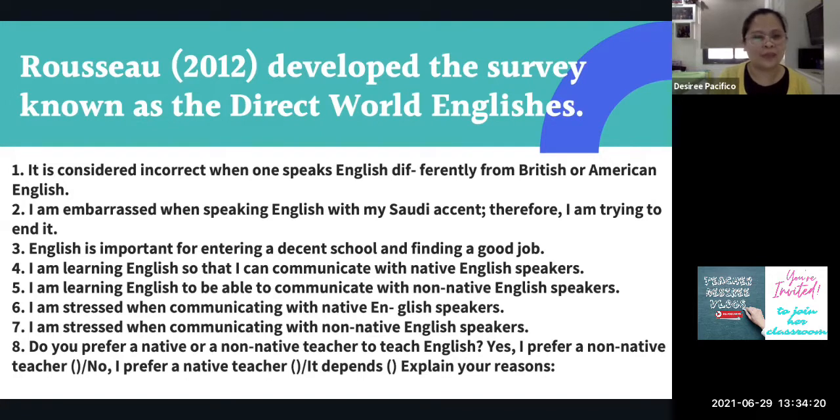The second one is, I am embarrassed when speaking English with my Saudi accent. Therefore, I am trying to end it. So the survey needs to be touching the affective part of the Saudi student. Next one is, English is important for entering a decent school or finding a good job. So what are their views about English when it comes to educational and professional proficiency?